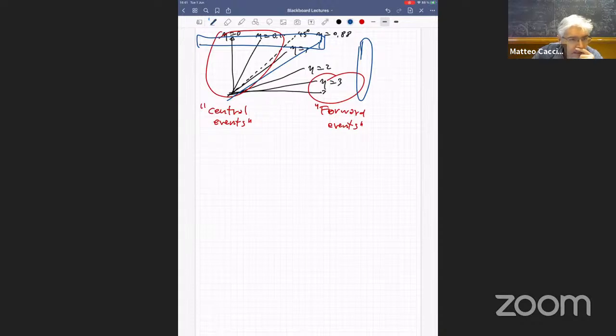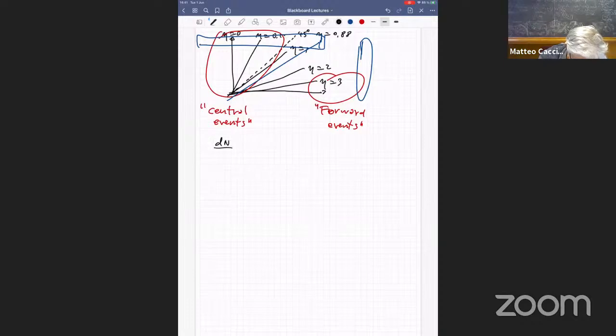The last thing I can tell you about rapidity and pseudo-rapidity is that, since the two variables are not the same, even if they become similar, it is useful to know that there is a Jacobian between the two.